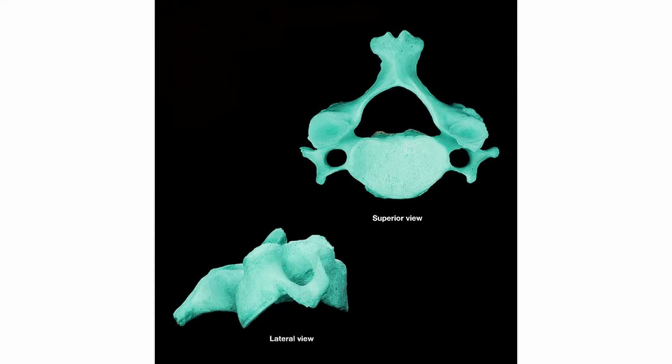Now, in this image, we can see what is called a typical cervical vertebra. The superior part is the superior view, and the inferior image is that of the lateral view.